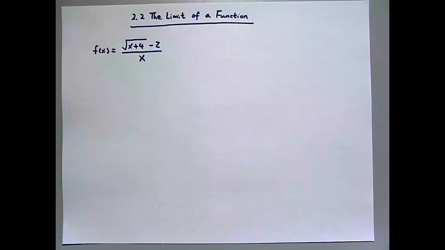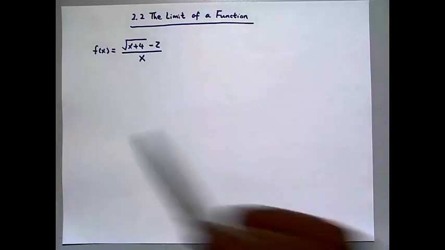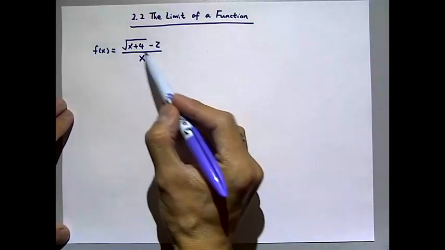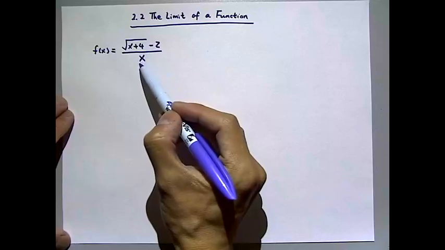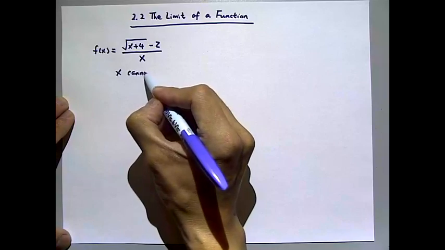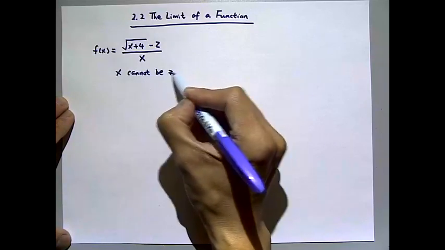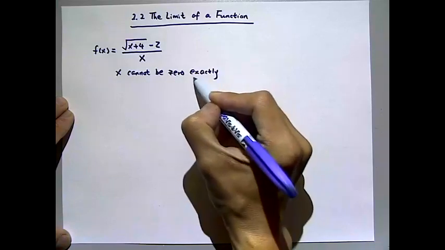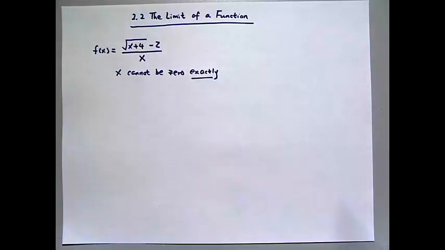Now, if you look at this function, one thing that's very obvious right away is that x can be a lot of things, but x can never be equal to 0 exactly because of the denominator. But as long as I stay away from x equals 0 exactly, in principle, I can use any value as close to 0 as I want to.